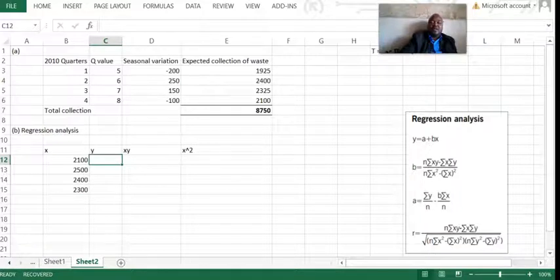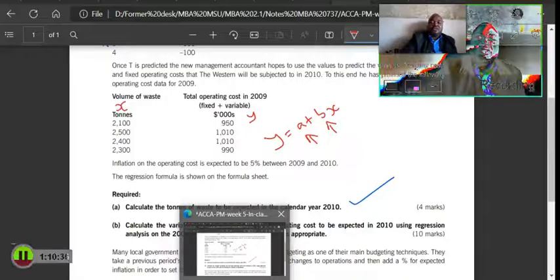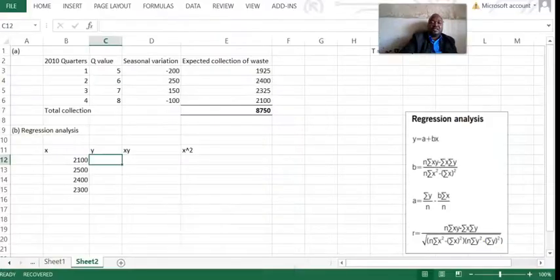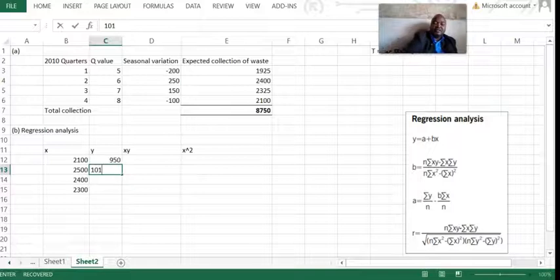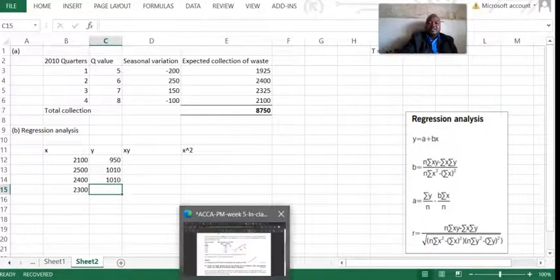And then our y value should be 950, 10, 10, 950, 10, 10, 10, 10, and the last figure should be 990.